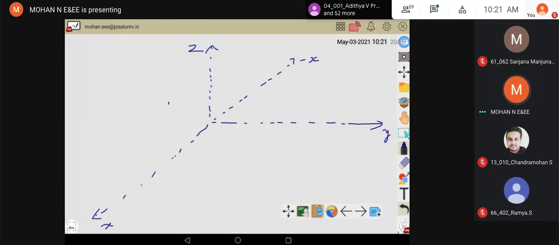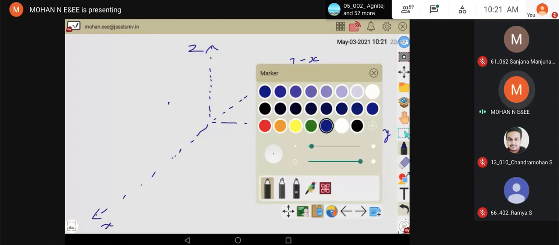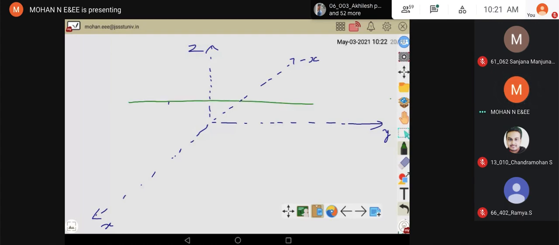You will have one line with x is equal to 1 and z is equal to 2. This is an infinite line charge. This distance is 1, and this distance is 2. Any doubts? If this is clear, type 0 in the chat box.